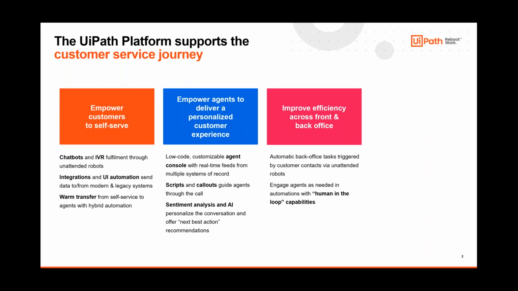And then finally, the last part of the journey is around how do we improve the interaction that happens between the front office, the agent that's customer facing, and the back office that might be doing things like order fulfillment, shipping, processing invoices, et cetera.